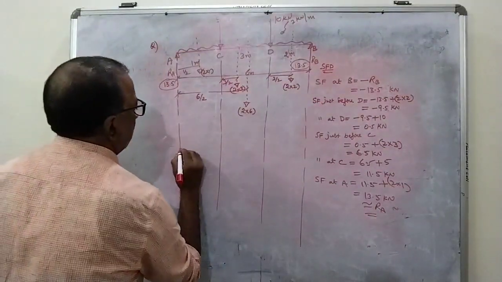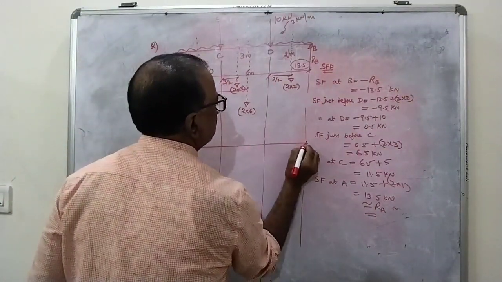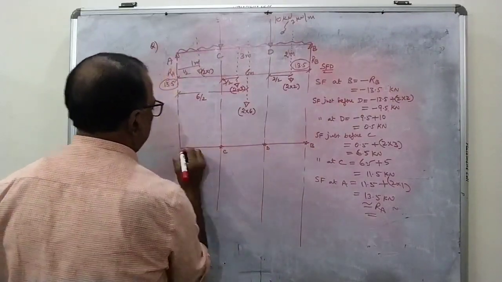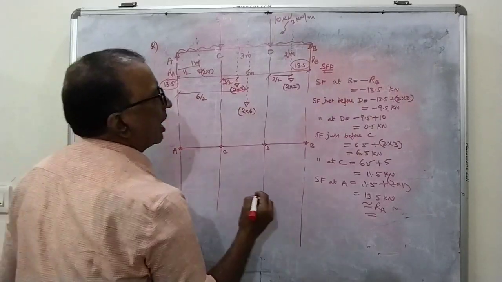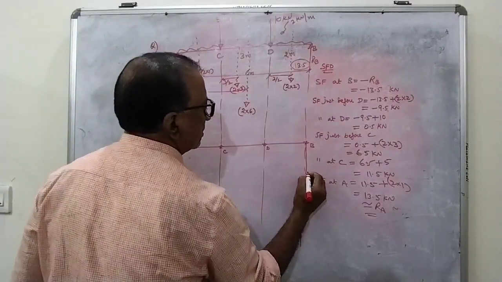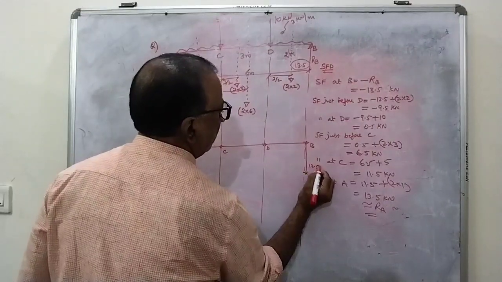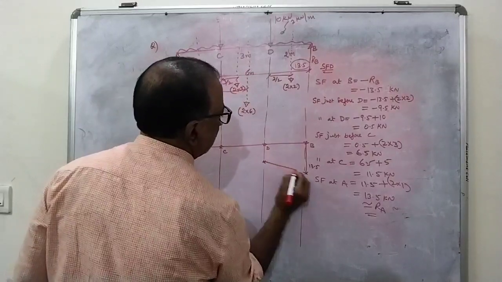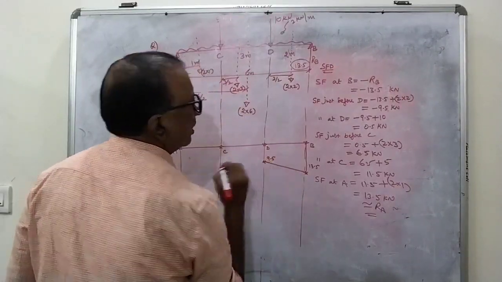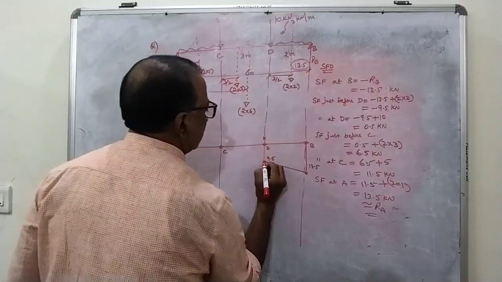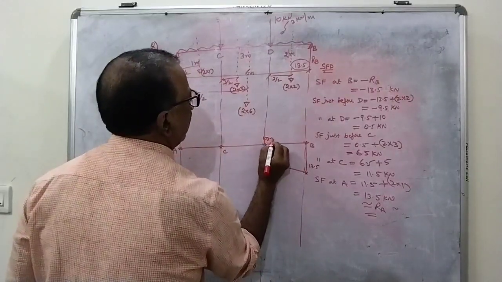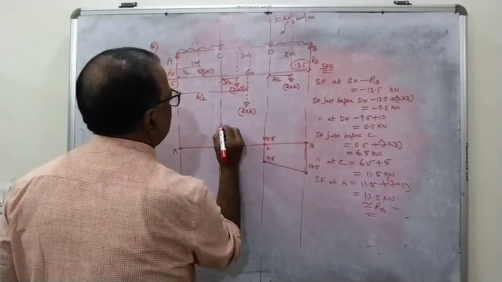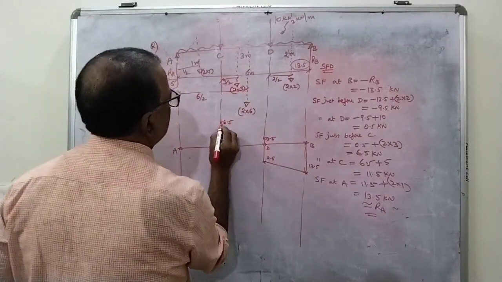So now if I draw the diagram, this is B, this is D, this is C, and this is A. At B, I got it as minus 13.5. Just before D, it is 9.5. Immediately, it has increased to 9.5 to 0.5 at D. And just before C, it has increased to 6.5.